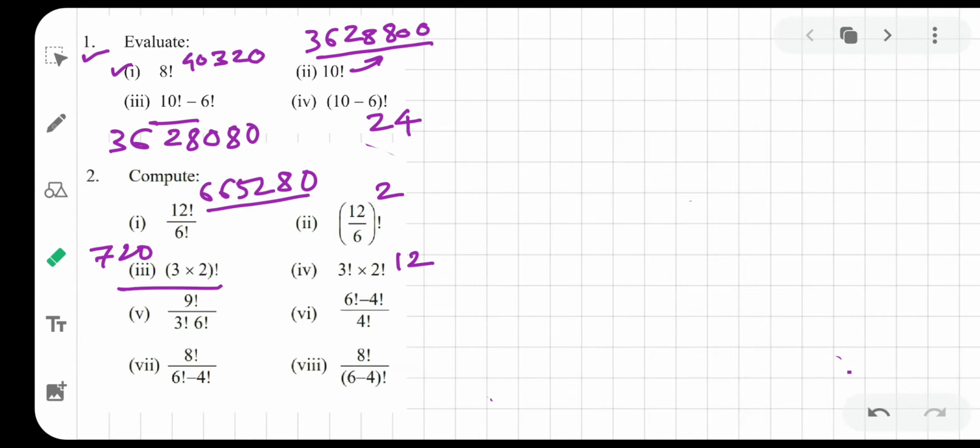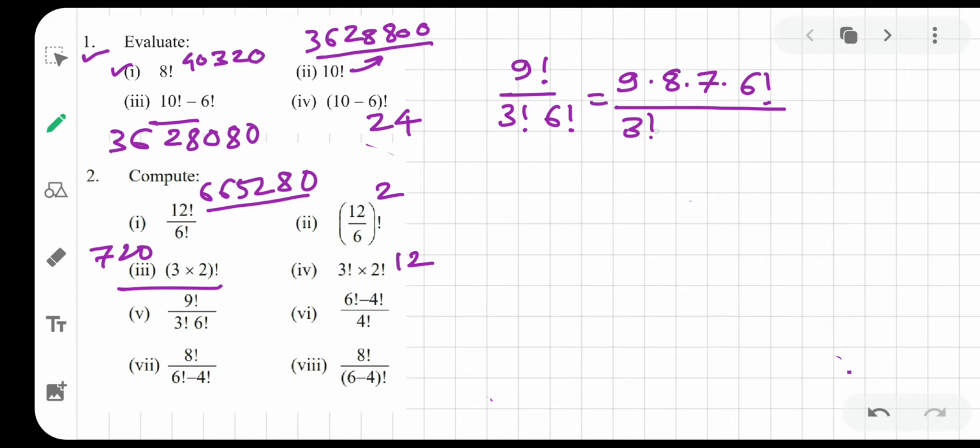Let's solve the next question now. 9 factorial upon 3 factorial into 6 factorial. I will write 9 factorial as 9 into 8 into 7 into 6 factorial. And here we have 3 factorial. So 3 factorial is actually 3 into 2 into 1 into 6 factorial as it is, and 6 factorial will get cancelled.